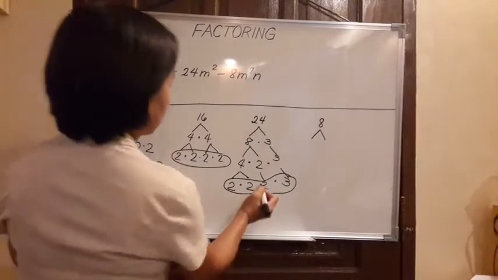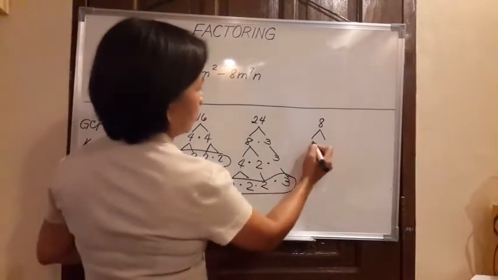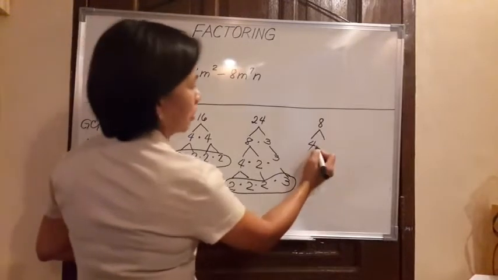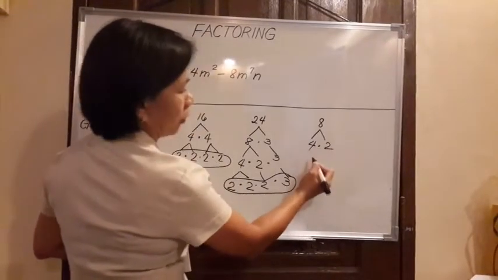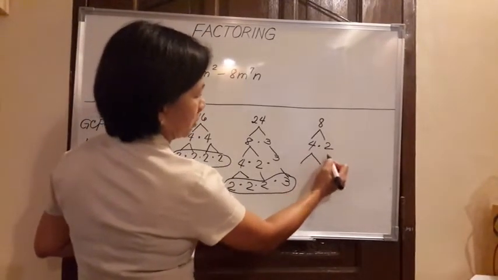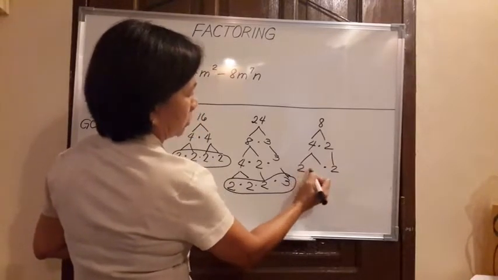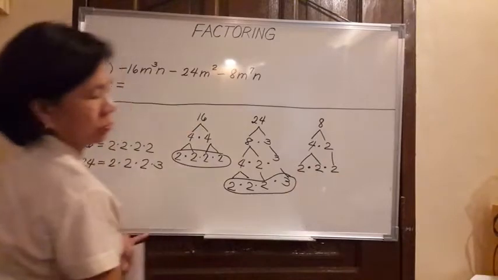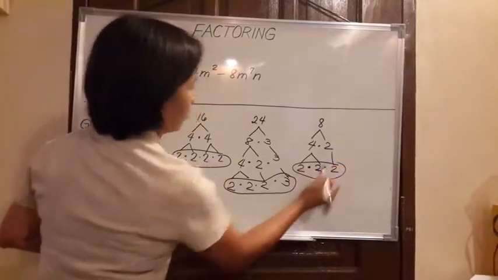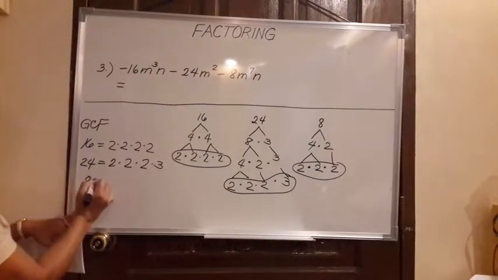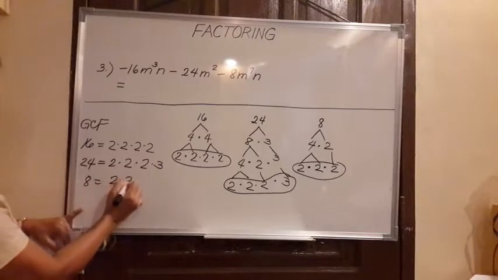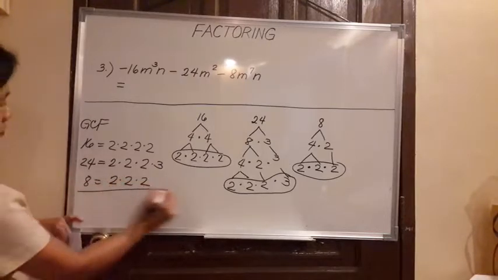Okay, next, how about 8? The factors of 8 are 4 and 2, but 4 is composite. Bring down 2, then reduce 4 by 2 and 2. So for 8, prime factorization is 2 times 2 times 2.